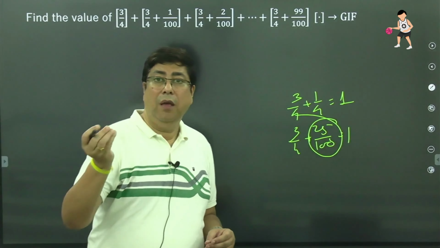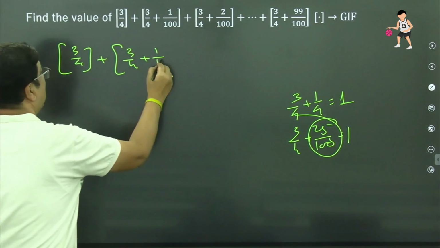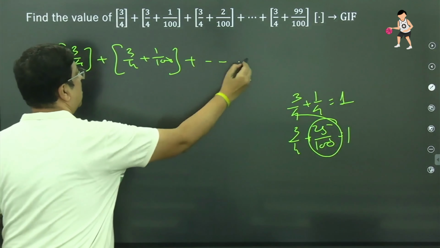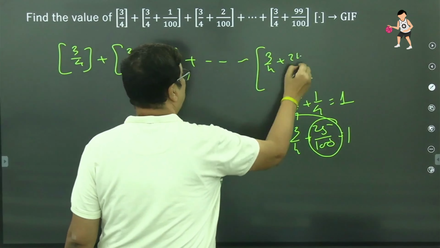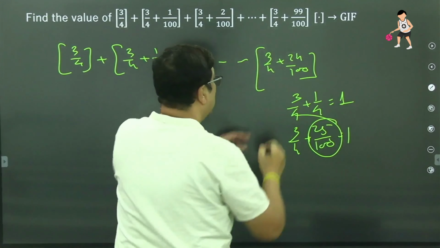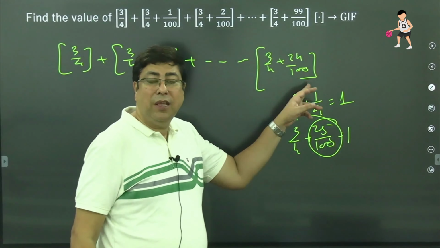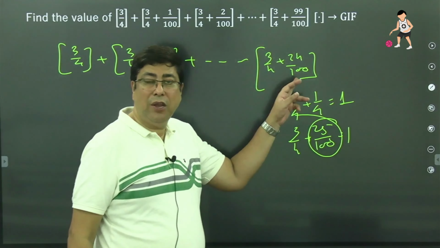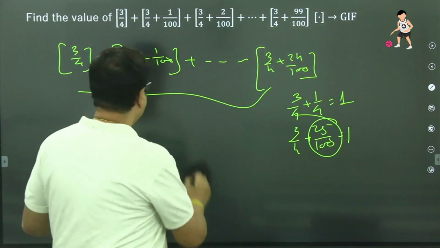So with this in mind, I am writing box of 3/4 plus box of 3/4 plus 1/100 plus continuation, box of 3/4 plus 24/100. Everybody, till here we are getting less than 1, so all boxes are 0.